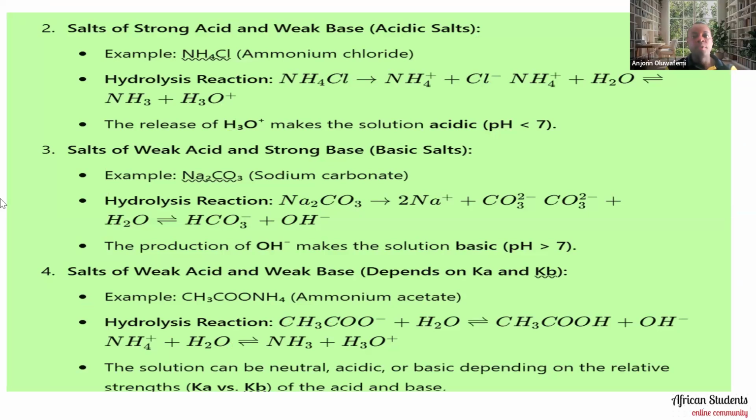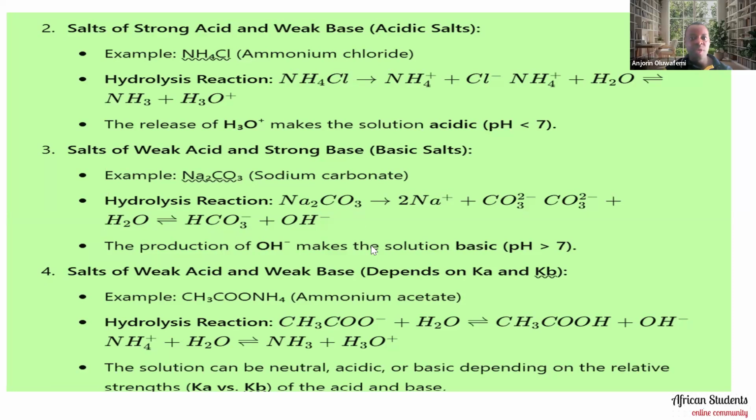The second one is the salt of strong acid and weak base. That's the other one, salt of strong acid and weak base. Now, when you have salts of strong acid and weak base, an acidic salt is produced.